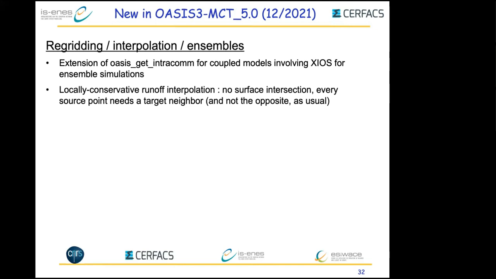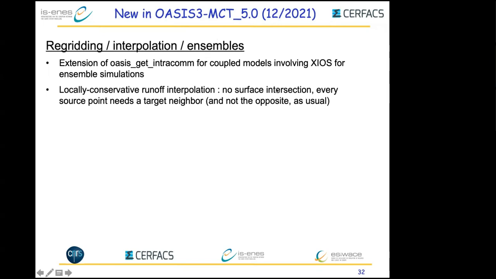We also have a new locally conservative remapping, developed by Eric Maisonneuve, which is especially needed for runoff. When you want to couple the runoff, it's very specific because you want a conservative remapping, but you usually have no surface intersection between the river outlet and the ocean cells where you want the runoff to be delivered.